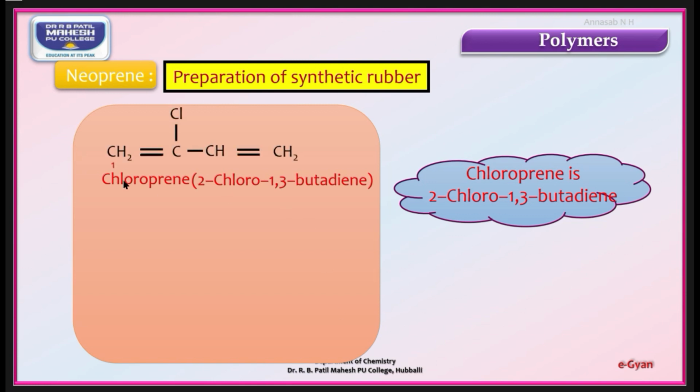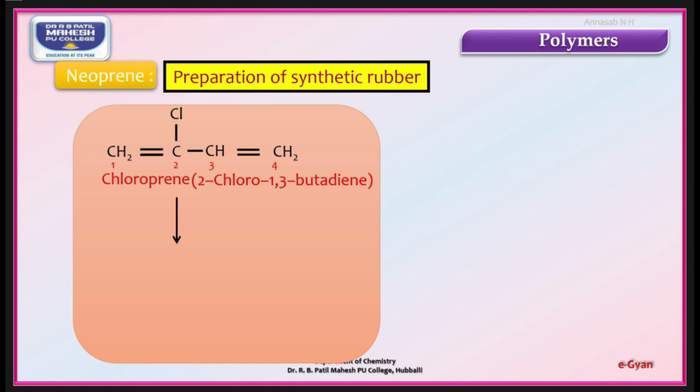Chloroprene, CH2 double bond CCl, CH, CH2, which is treated with a peroxide, that is benzoyl peroxide, which leads to the formation of polymer. Again, it undergoes homolysis, leading to the formation of a new bond between carbon numbers 2 and 3, that is a double bond formation, and the first carbon and the fourth carbon atoms are going to continue the chain.